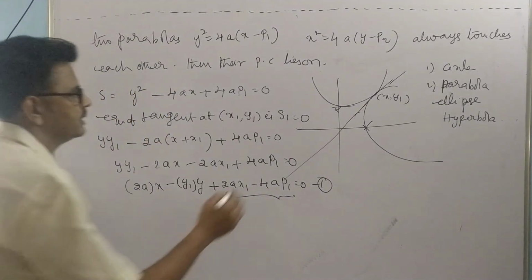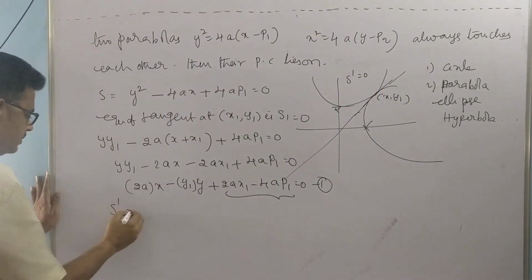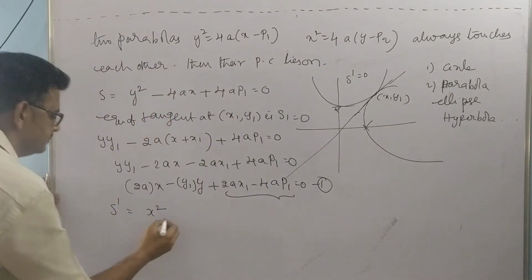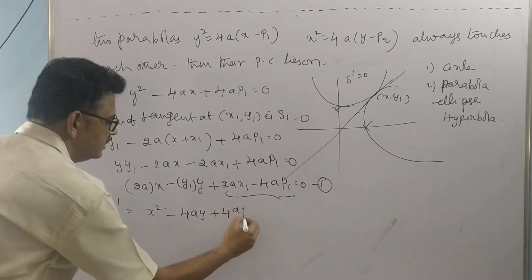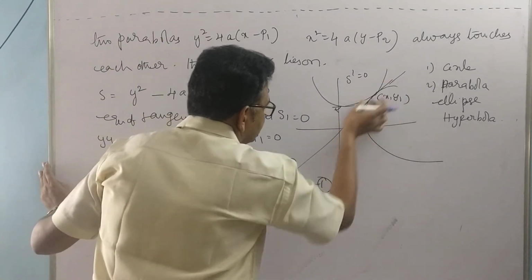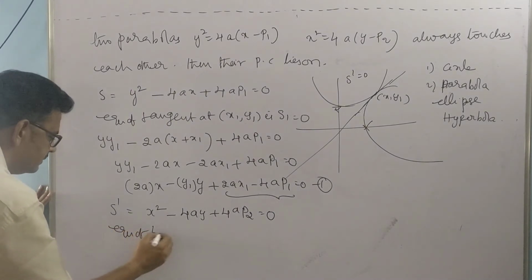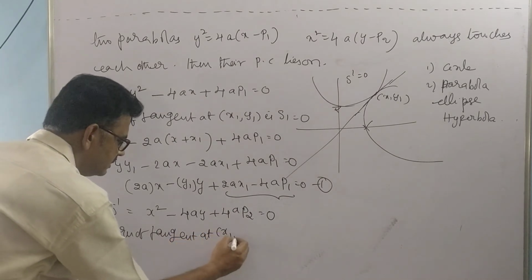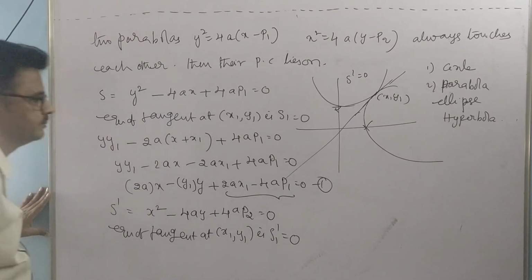Now the same for the second parabola, S' = 0: x² - 4ay + 4ap2 = 0. At the point (x1, y1), the equation of tangent is S1' = 0.